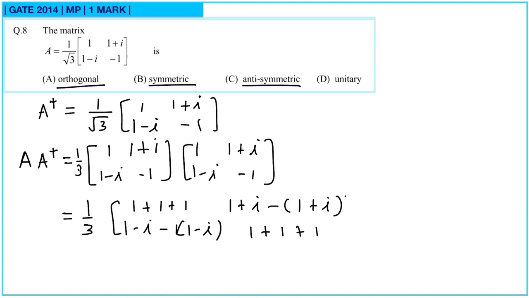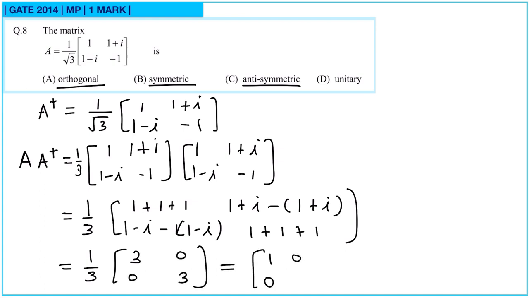So that is also 1. So this will be 1 by 3 into 3. This will be 0, 0 and 3. So this is 1, 0, 0, 1, which is an identity matrix. And these two matrices are same matrices only. So this is also equal to A Hermitian into A, A dagger into A. So this is unitary matrix. So option D is correct.